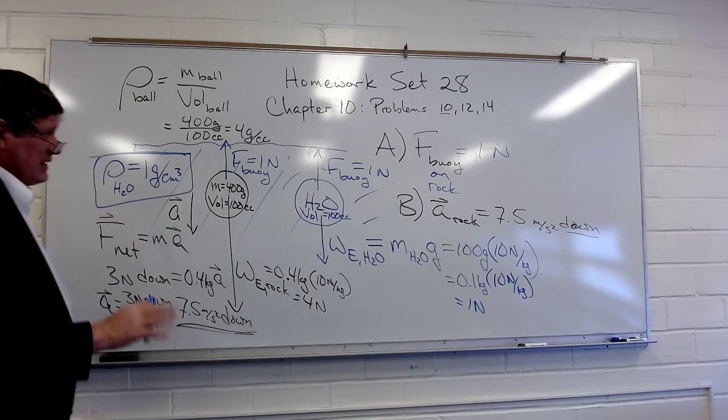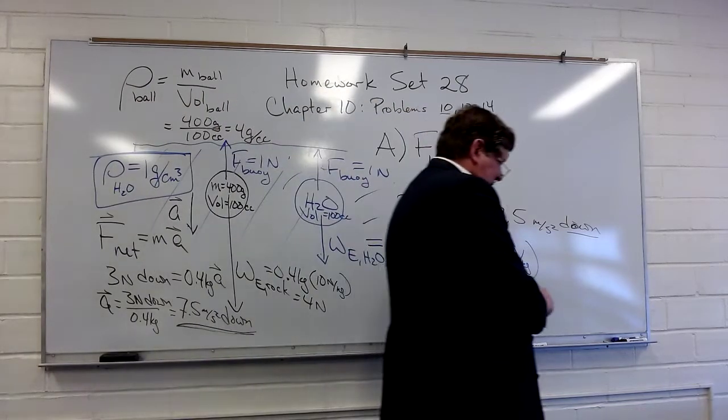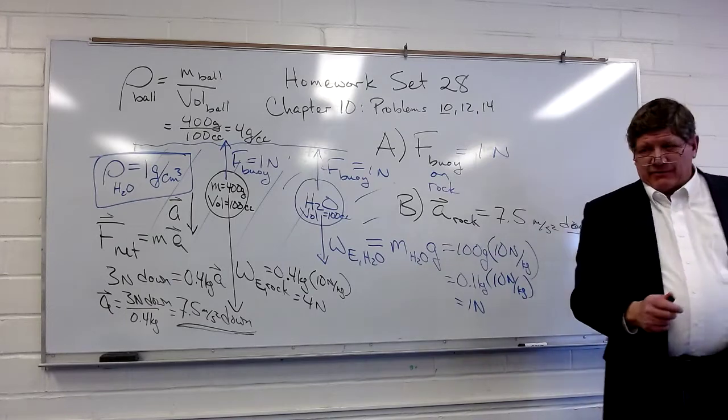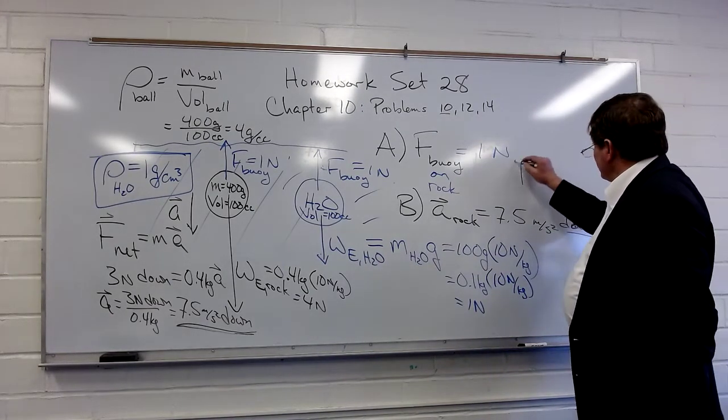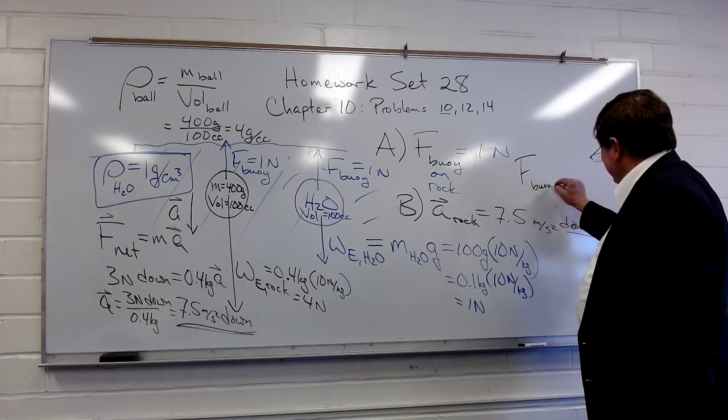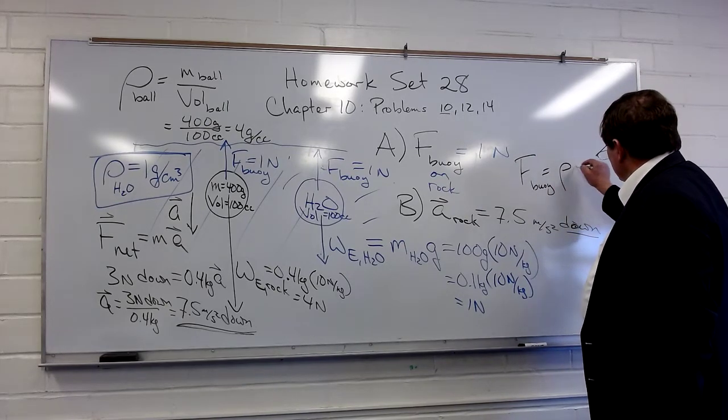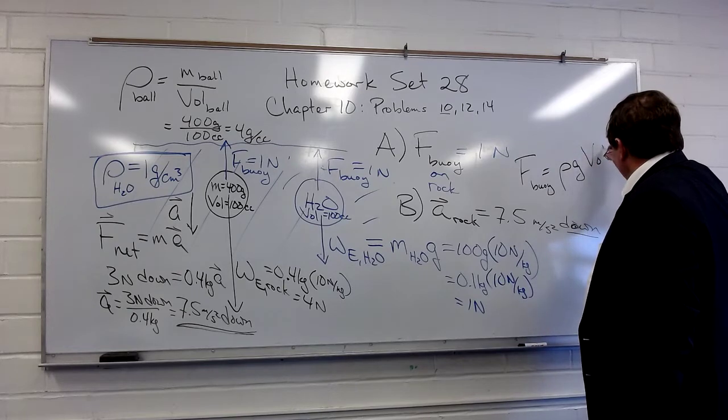Let me just pause here and point out that there's a formula in the book. I didn't want it to be in the book, but it is in the book. And that is that the buoyant force is equal to rho g volume.